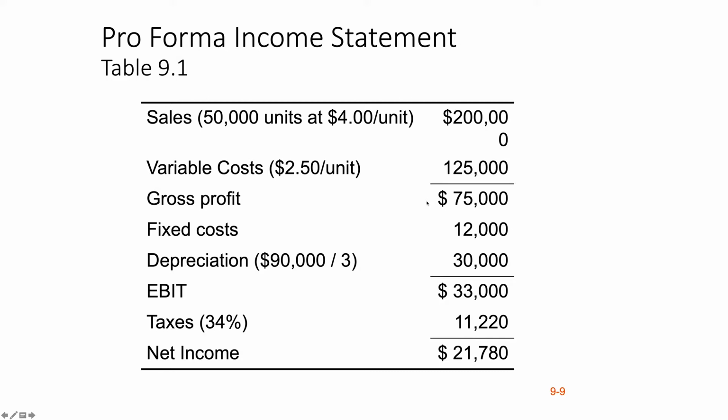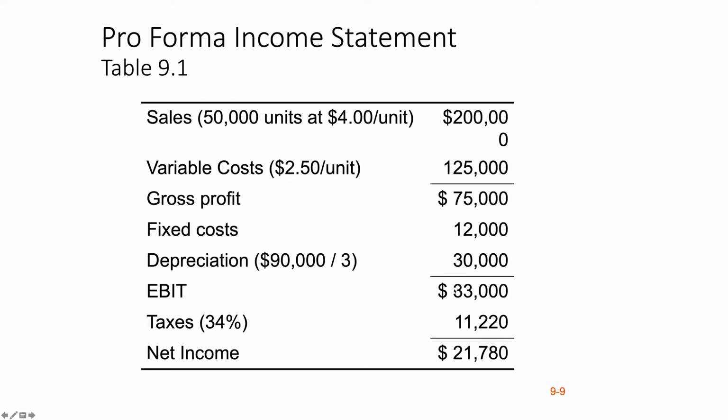The company fixed cost, including, let's assume, a piece of land, labor, etc., is $12,000 per year. And every year, you also write off $30,000 as depreciation. So the gross profit, 75 minus 12 minus 30, gives an EBIT of $33,000. That is the earnings before interest and tax.